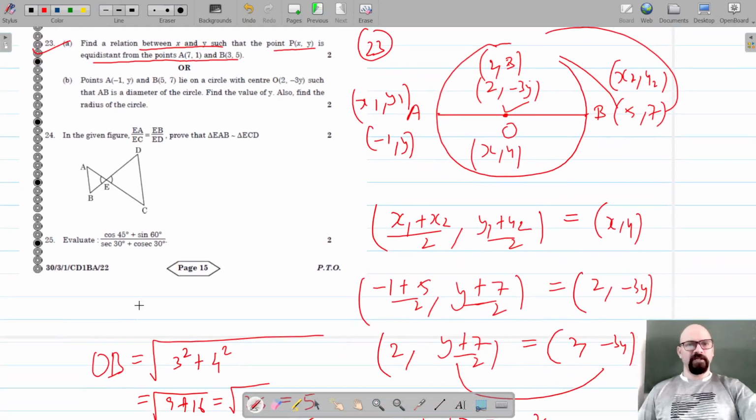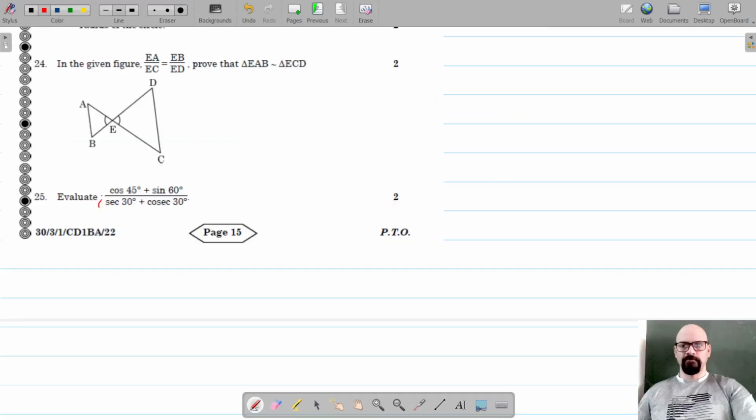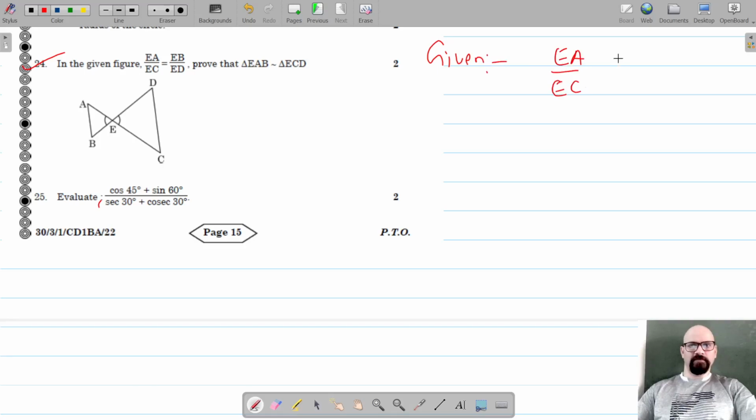Okay. Now, moving on to question number 24. For question number 24, in the given figure, what is given to us is that EA by EC is equal to EB by ED, and we have to prove that triangle EAB is similar to triangle ECD.